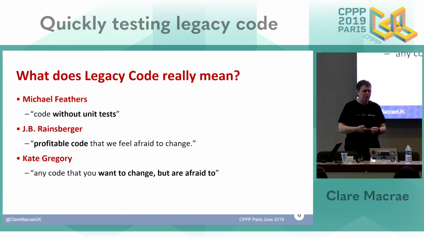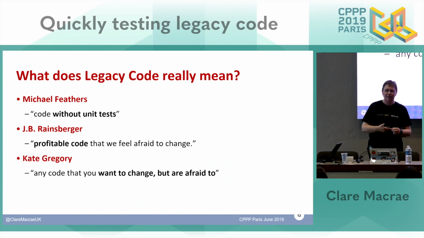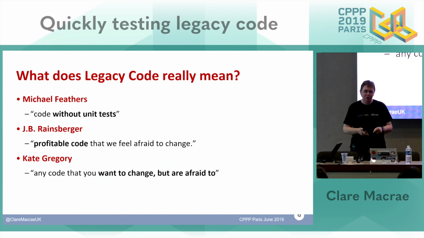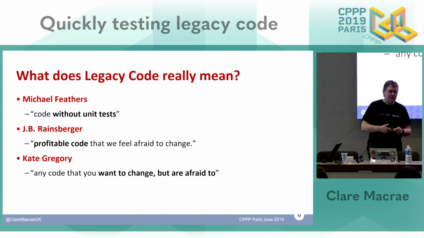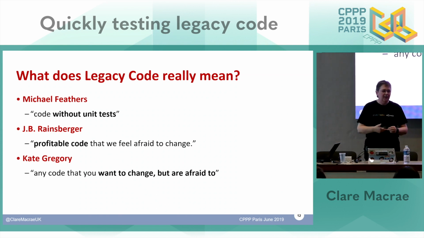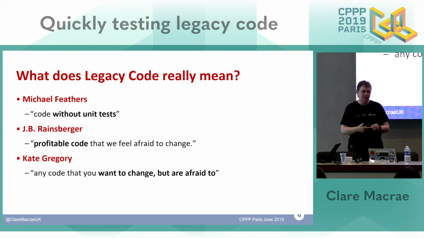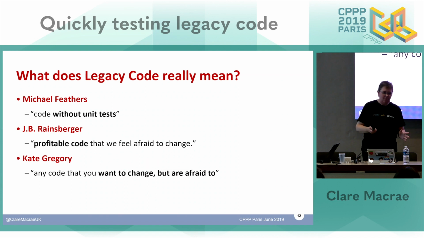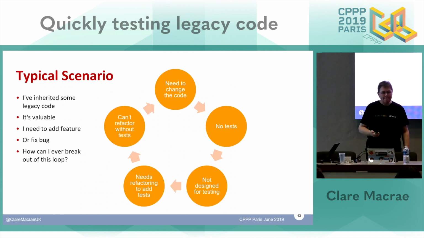J.B. Rainsberger talks about profitable code that we feel afraid to change. Until recently, I worked for a non-profit organisation, so that didn't sit very easily with me. Kate talks about any code that you want to change but are afraid to. I really like that one, but in a sense, it doesn't really matter.